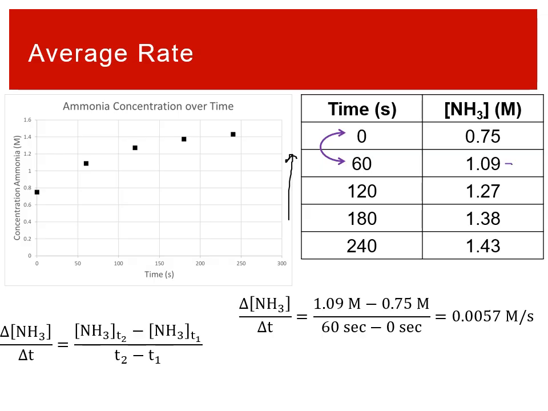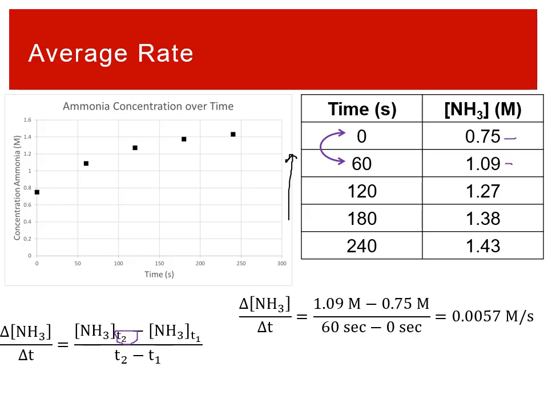It's not necessarily that T2 right there; it just indicates what time you're measuring or specifying the concentration at. The concentration at time 2, which is the 60-second time point, is 1.09, and at the time 1 time point, it is 0.75.